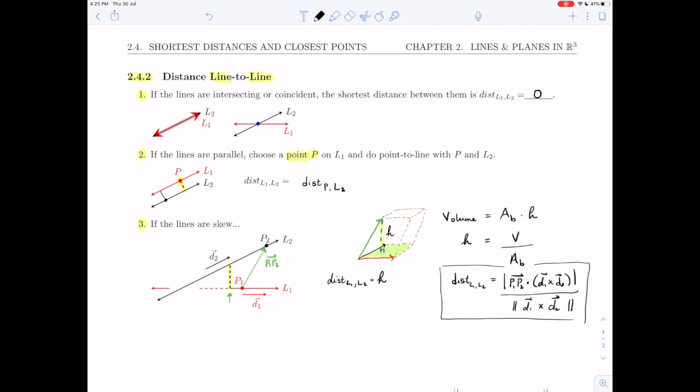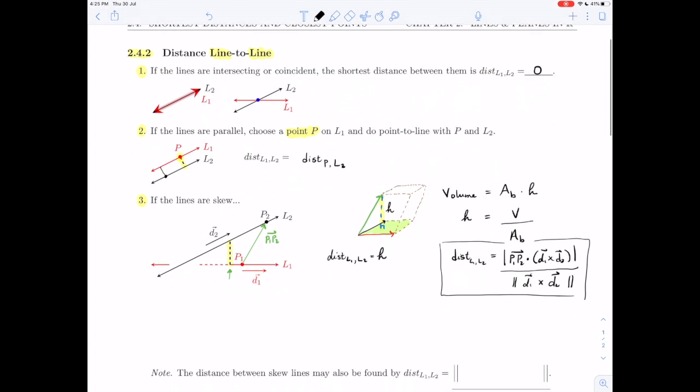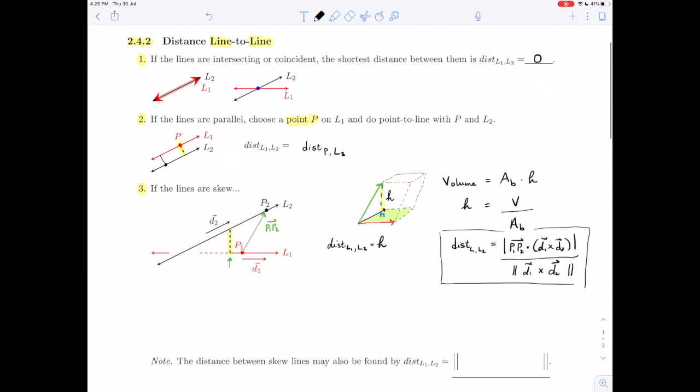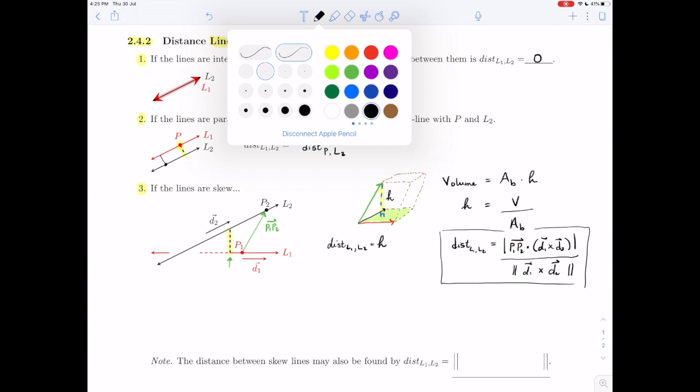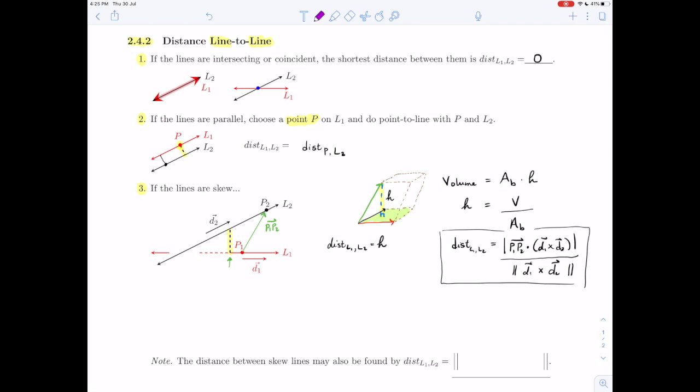Now, that's not the only way of thinking about this. Let's do very quickly another common way of getting this distance formula. The distance from L1 to L2 has to be perpendicular to both lines. And we know something about vectors that are perpendicular to two vectors at the same time.